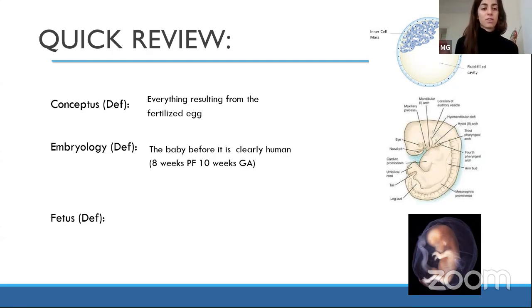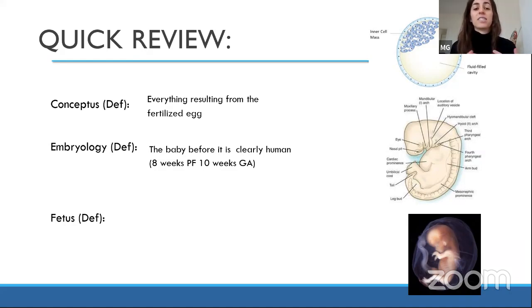So embryo, this is supposed to say embryo. The embryo is the baby before it's clearly human. So 8 weeks post-fertilization. Again, that should say embryo, not embryology. So I put 8 weeks PF and then 10 weeks GA. PF is post-fertilization because that's how we time it in embryology. However, in the clinical world, if you're seeing a patient, you're not going to know the exact day of when fertilization happened.